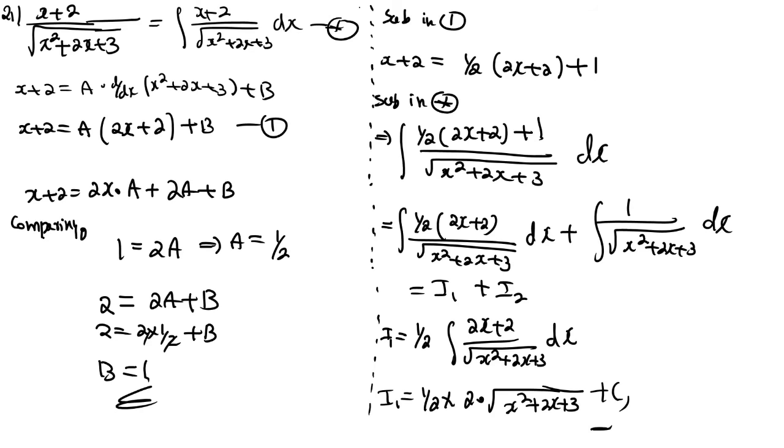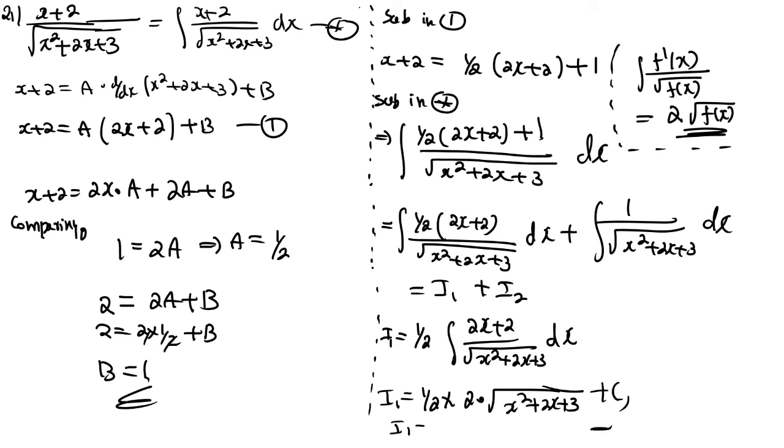Or you can just remember that integration of f dash of x divided by square root of f of x is equal to 2 into root of f of x. So I1 equals 1 by 2 into 2 into root of x square plus 2x plus 3, plus c1. Or you can write I1 with the 2s cancelling: square root of x square plus 2x plus 3 plus integration constant c1.